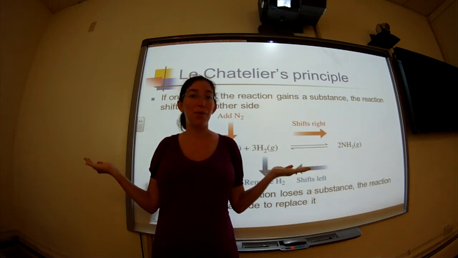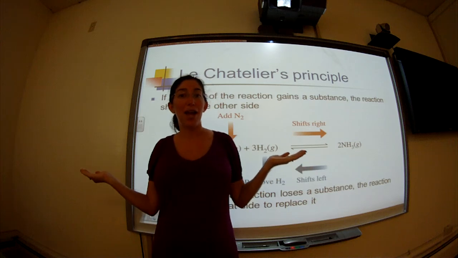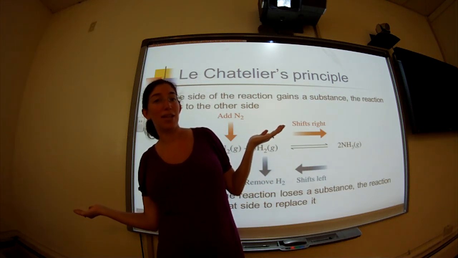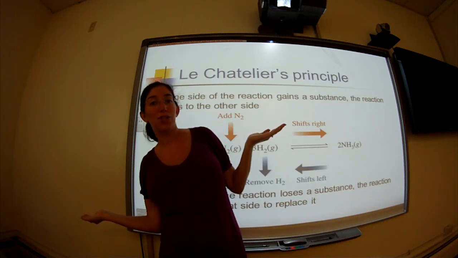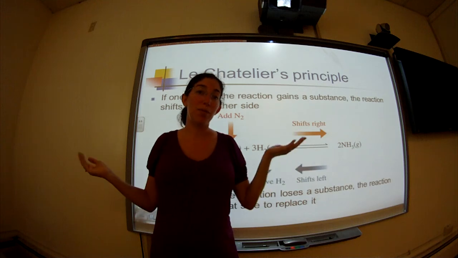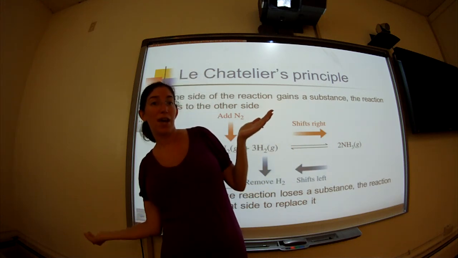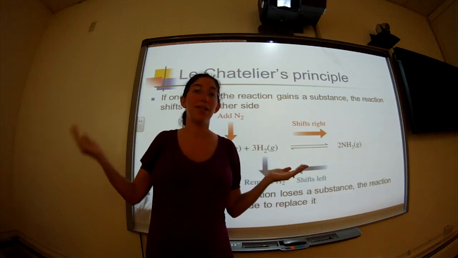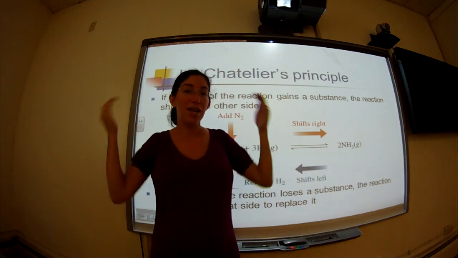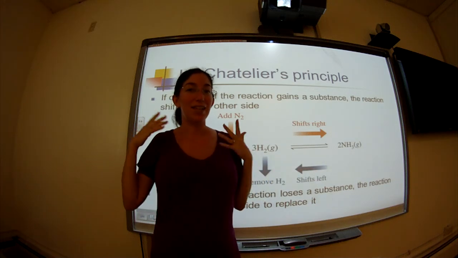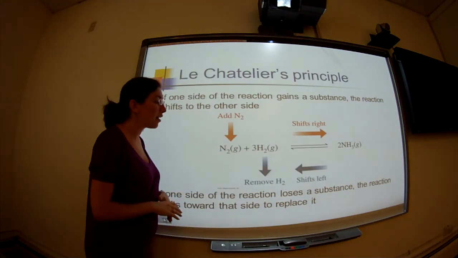If I remove some product from the scale, then the scale is going to tip like this, because now it's lighter on this side. So the reaction needs to shift this way. We removed something from this side, the scale tipped, so now the reaction needs to move this way to get them balanced again. This scale analogy works for me. That's how I think of it.